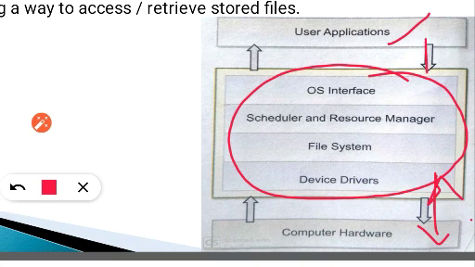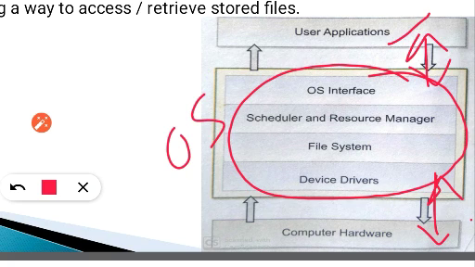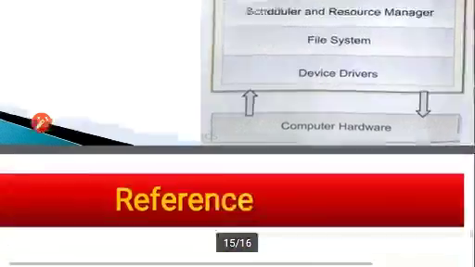Okay, this is bidirectional interaction. Some information is taken from the user and then again given back to the operating system. So this is all about your file system. Hope this is clear to you all.